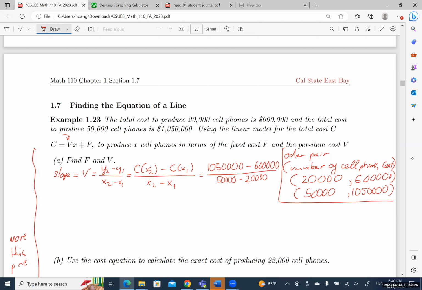So then you're going to have slope V, and using calculators, the top will be 450,000 divided by 30,000 at the bottom, right? And that gives us 15 for the variable, the per unit cost. So plug that into the linear model.